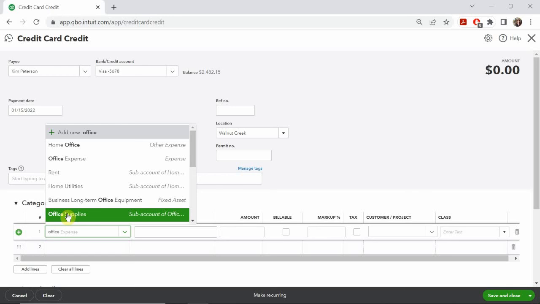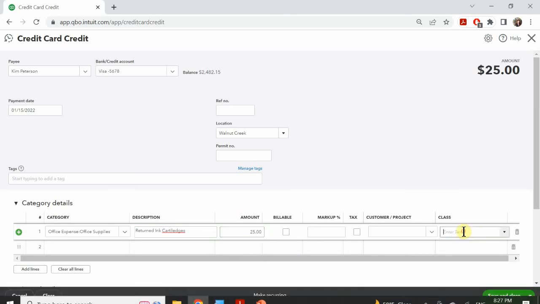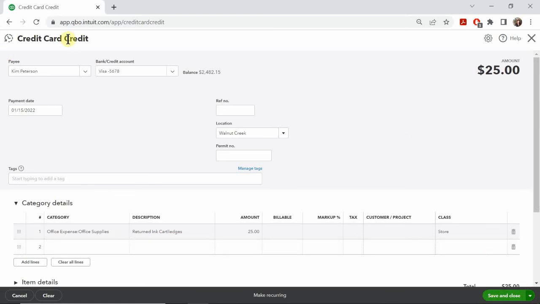Office supplies, description, return ink cartridges, for the amount of $25. And again, this was for the store. Now you're going to get a credit card refund for this, so you're going to get $25 back. I'm going to go ahead and click Save and Close. So there you got the credit card credit.